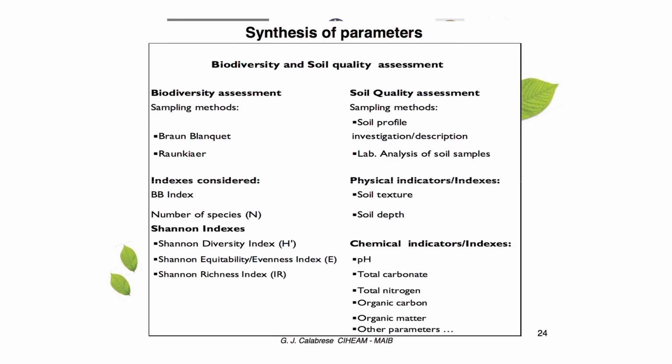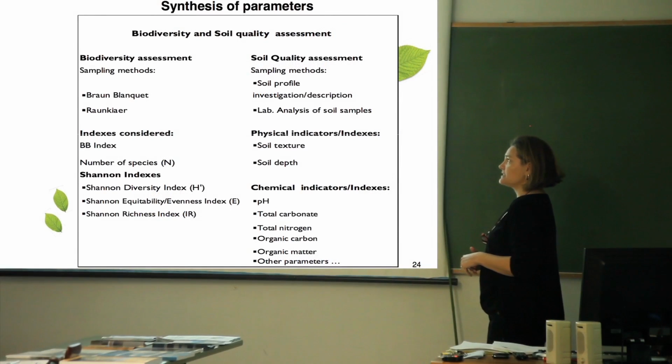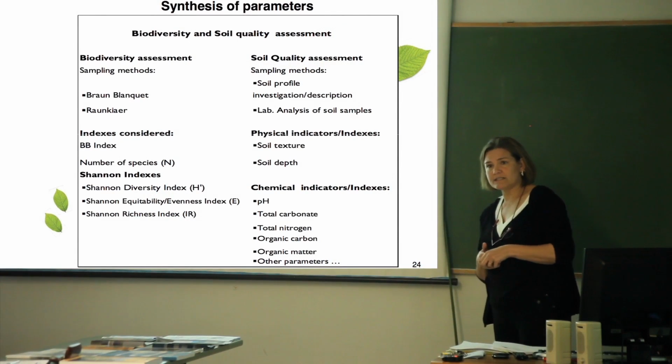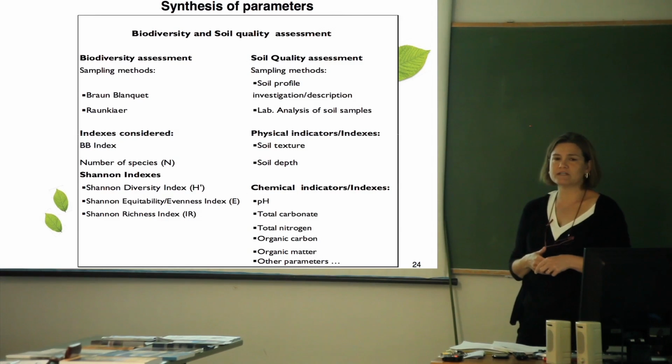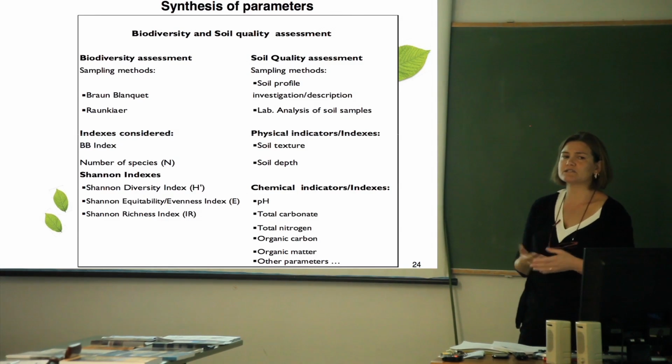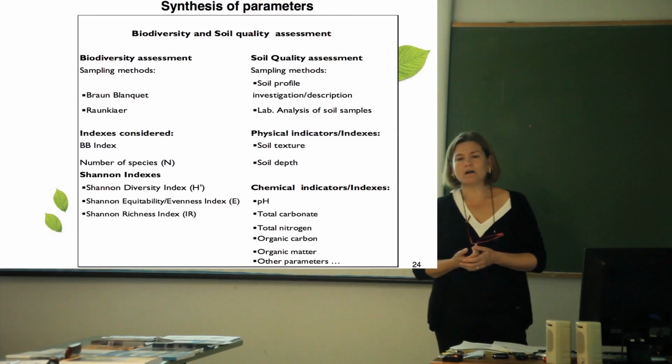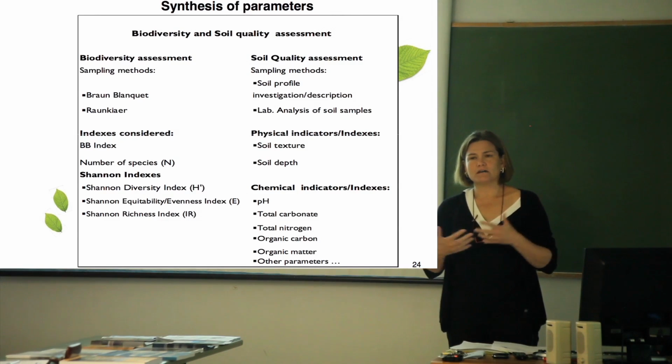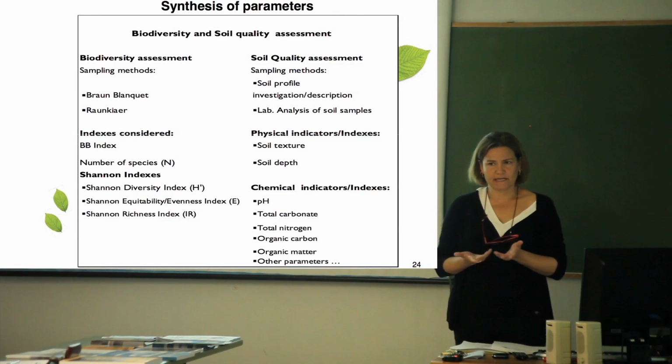I evidenciated the one about biodiversity assessment. We made two kinds of biodiversity assessment, one applying the method of Braun-Blanquet, the other one by Raunkiaer. The meaning is that usually botanists and phytosociologists apply Braun-Blanquet because their definition of biodiversity is related to the quality of flora that compose the vegetation of an area.